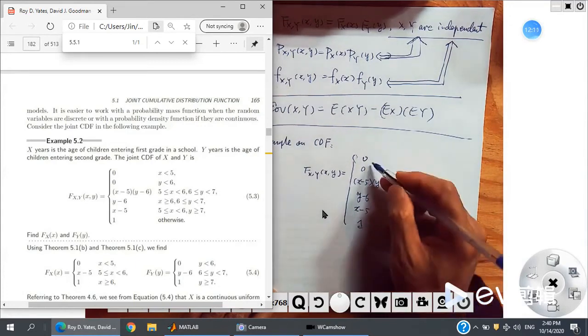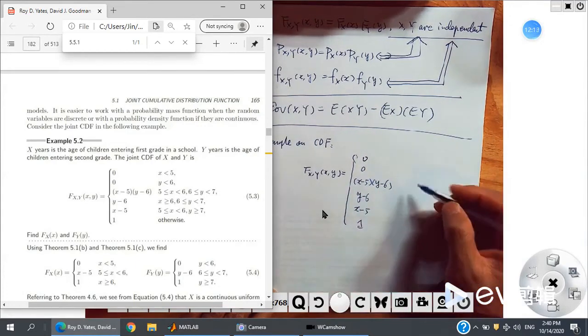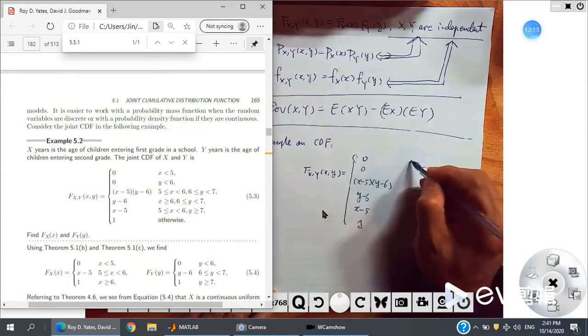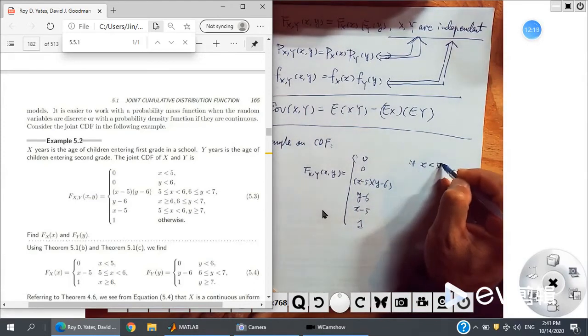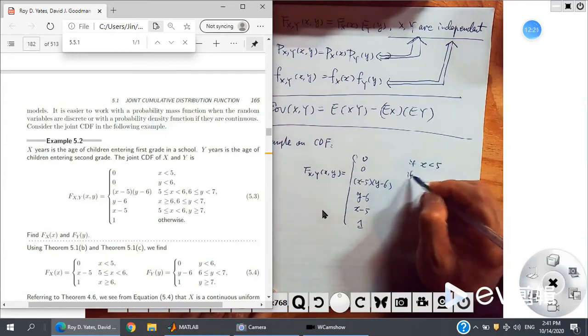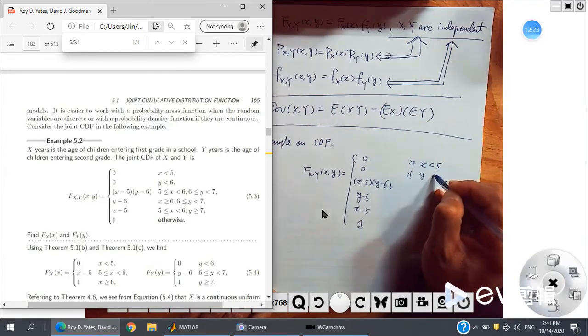We have 1, 2, 3, 4, 5, 6 cases. The first one is if x is smaller than 5, and the second if y is smaller than 6.